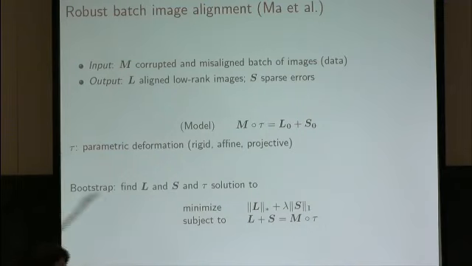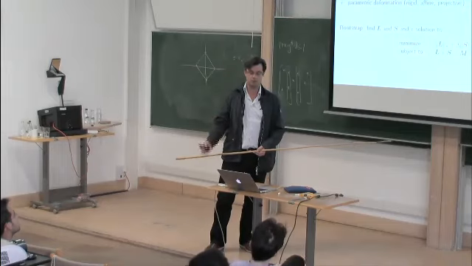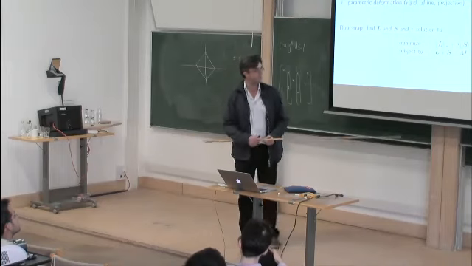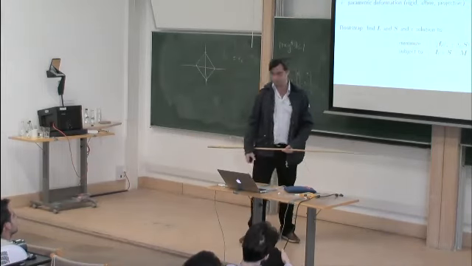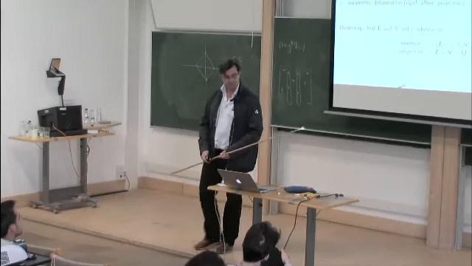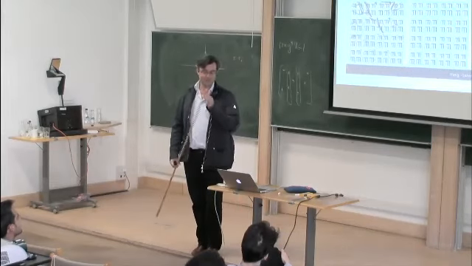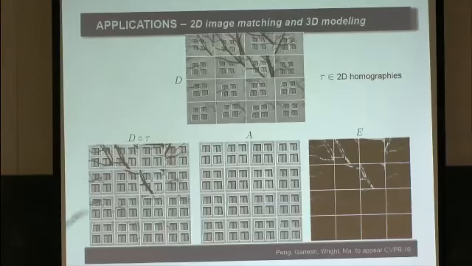Okay. All right. So the idea is to find L, S, and tau simultaneously, so that at the end of the day, I've got something as low rank plus sparse as possible. What it can do is a bit surprising. Here you've seen shots of a building from different angles, with sometimes a tree occluding it and sometimes not. If I were to try to use this as a low rank plus sparse, I would not do well because there's a difference in perspective.